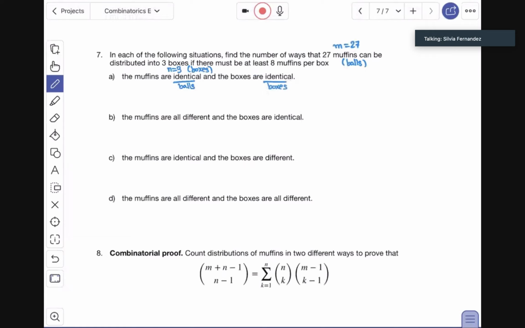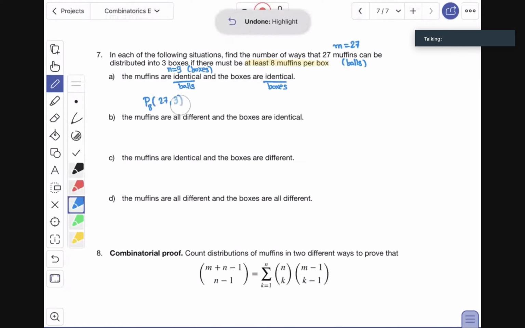And so this is a numerical partition. So this is just going to be P, 27. Oh, wait, P8. So this is my restriction: at least 8 muffins per box. So I have numerical partitions, but with that additional property, P8, 27, 3.